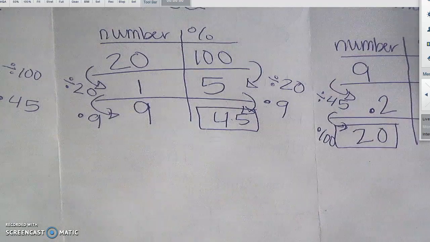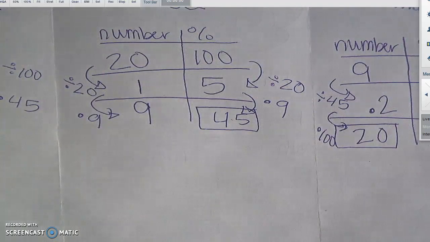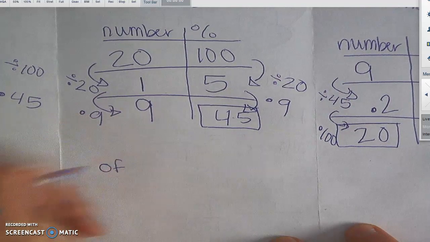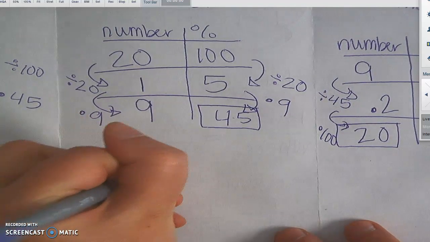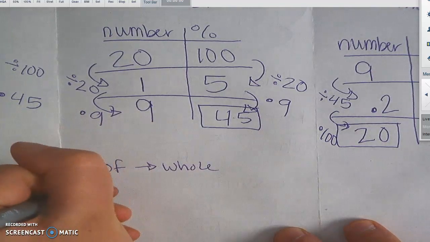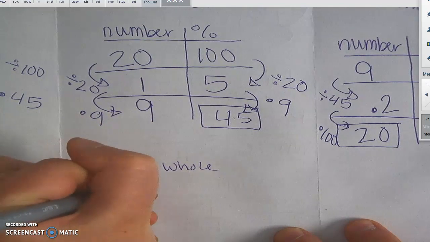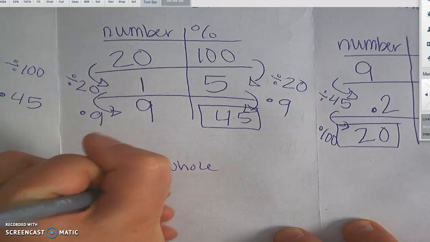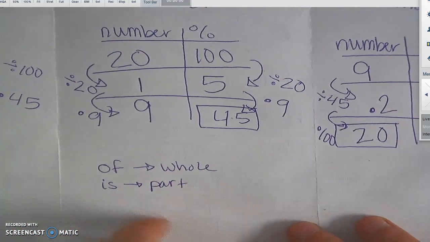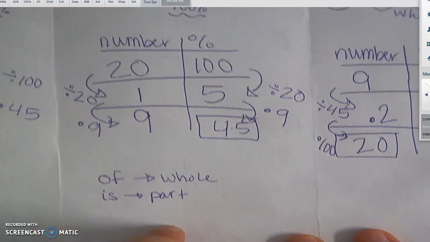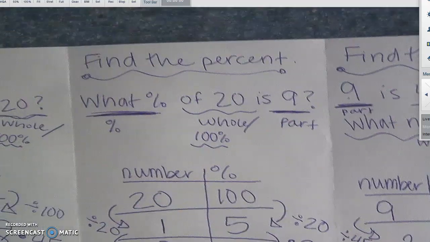This doesn't always work, so I don't want to say for sure every single time these words will be used. But "of", a lot of the time, gives us a hint that the whole is coming. And "is", a lot of the time, gives us a hint about the part. This isn't for sure. This isn't every time. Not every single question will be worded that way.